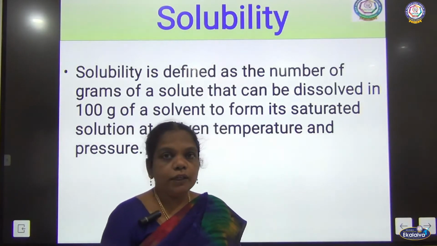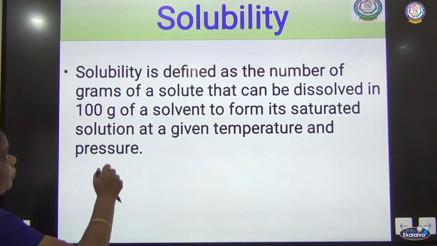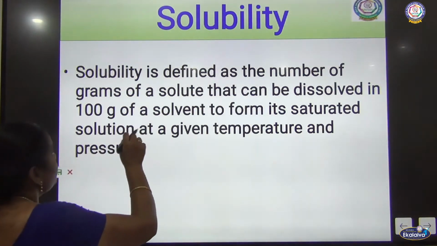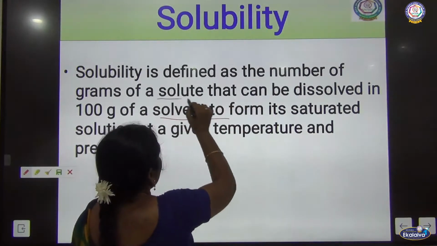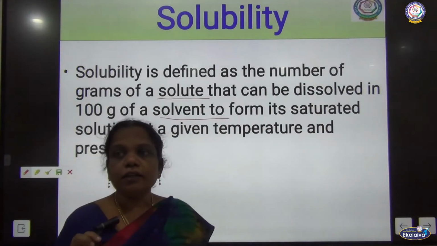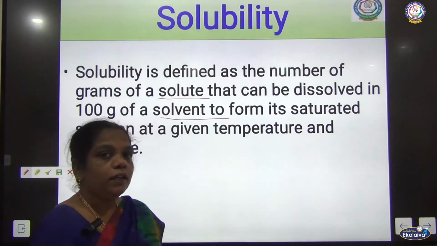Solubility depends upon the number of grams of solute that can be dissolved in the given amount of solvent.